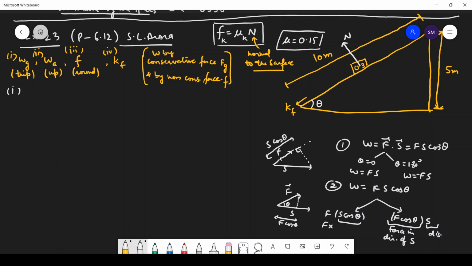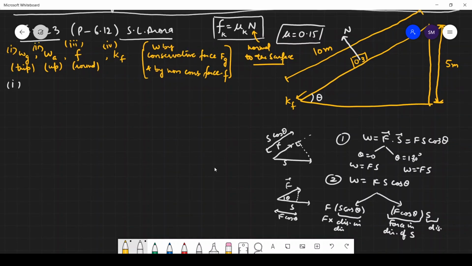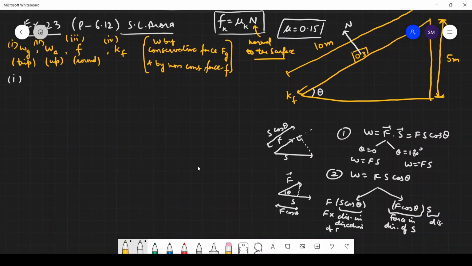I have taken this displacement in the direction of force. S cos theta means displacement in the direction of force.